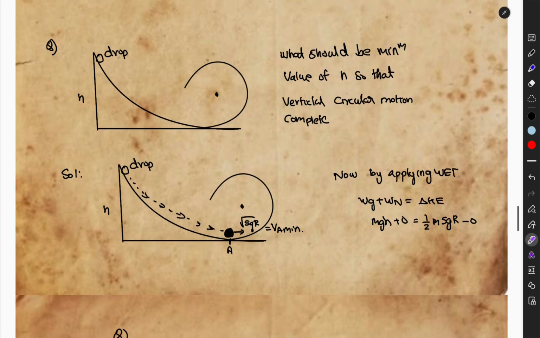So work done by gravity is mgh. So h is a variable which we need to find. So work done by normal force is 0, and we know that the final thing should be root 5gr, which is whole squared, and we get 5gr. And initial kinetic energy is 0 because we have just started to drop it from rest, right?